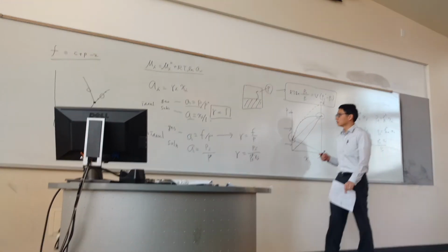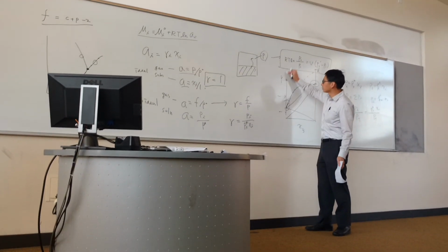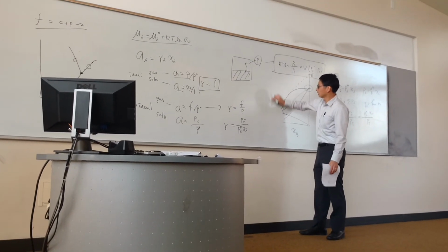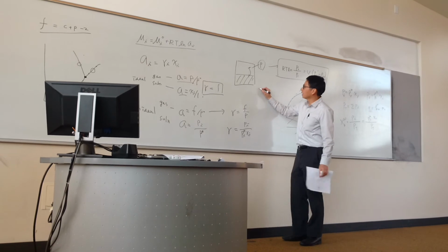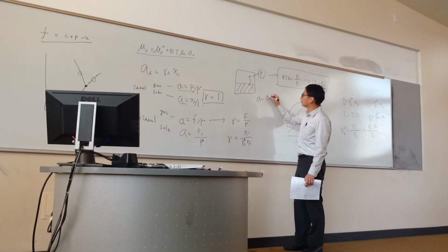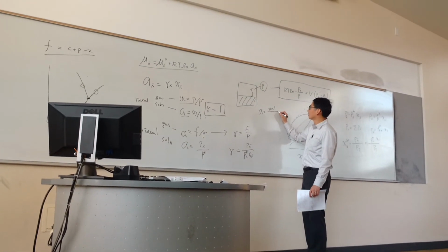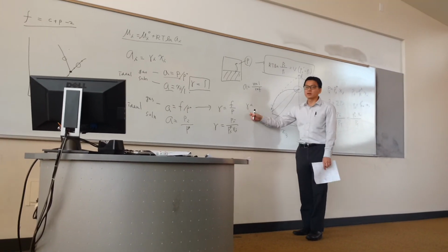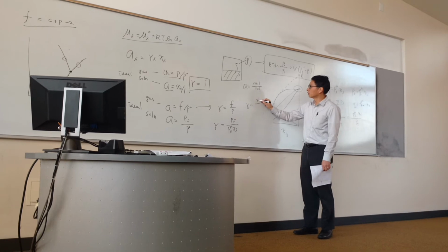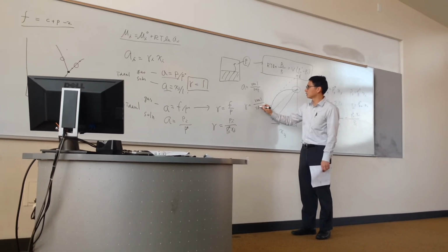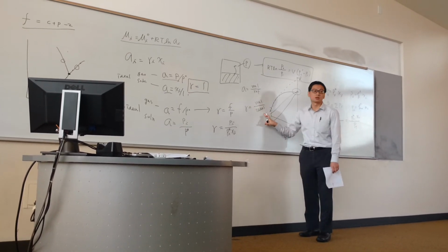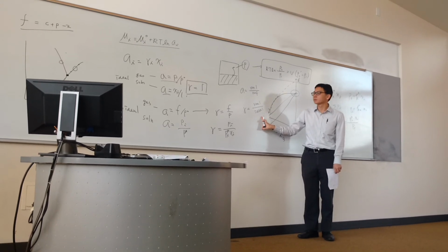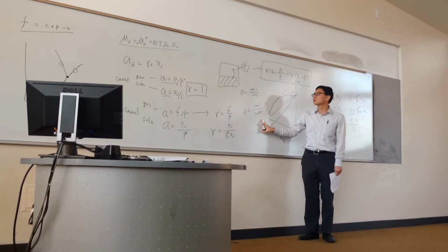So the thing you should always remember is that a is always real over a reference. Activity coefficient is real over ideal. Remember this, otherwise you'll get so confused.